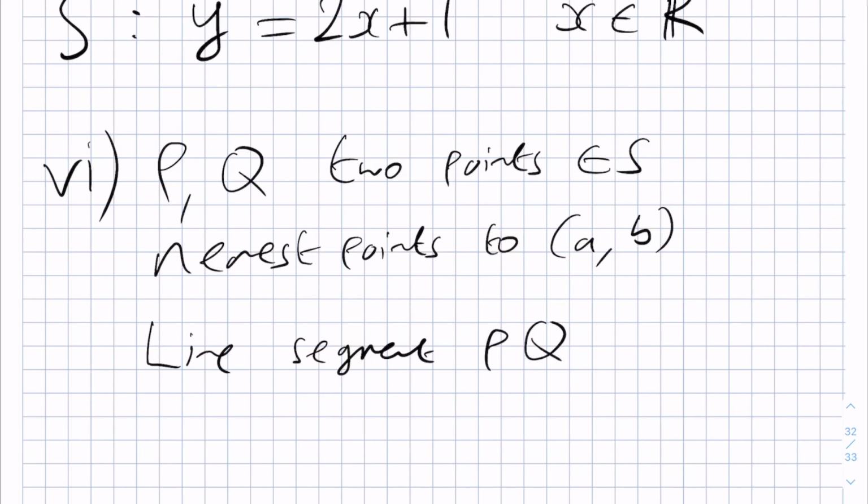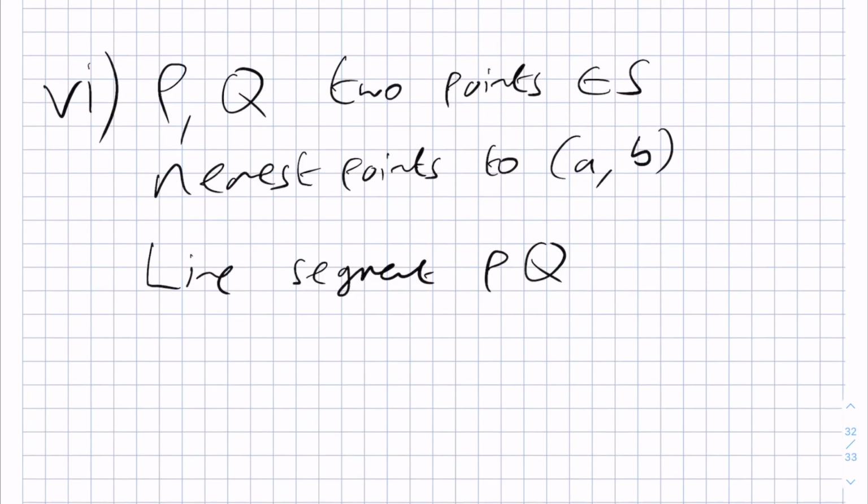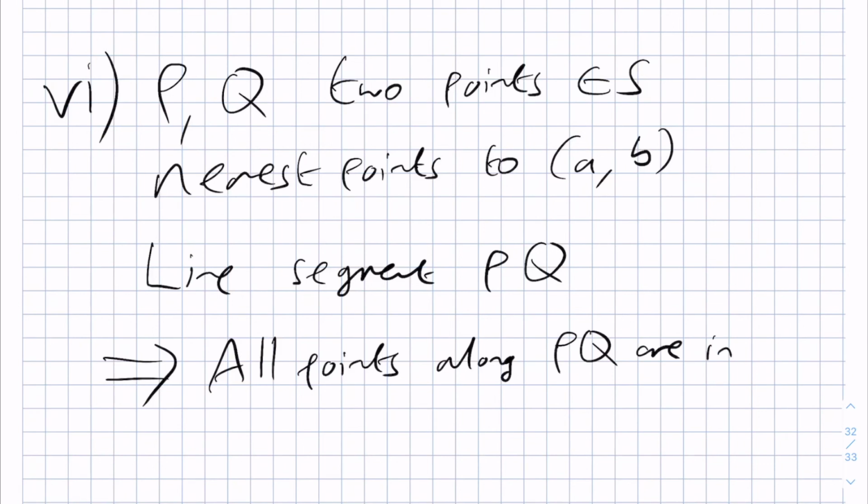Because of the property given in this question for this set S, all points along this line segment PQ are in S. So write that down. All points along the line PQ are in S as well, not just particularly the endpoints P and Q.